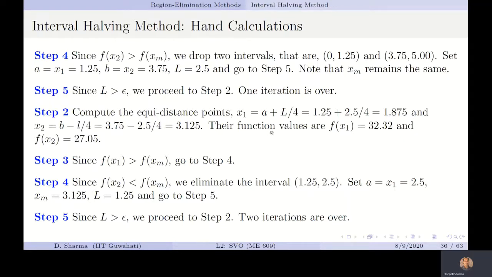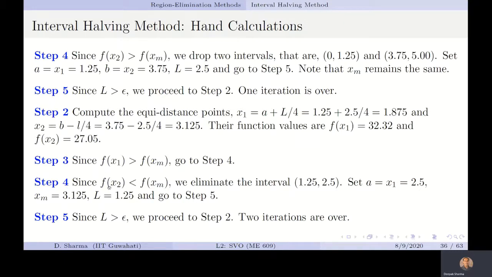Then we will calculate the function value at these 2 new points. So what you can realize is that from the previous iteration to the next iteration, we need to calculate only 2 new function evaluations. Thereafter, we'll check: since f of x1 is greater than f of xm, we'll go to step 4, because the condition given in the algorithm is not satisfied.